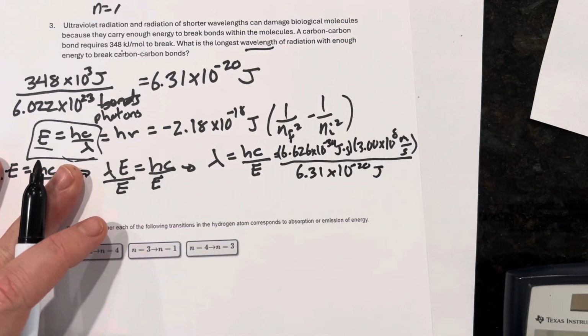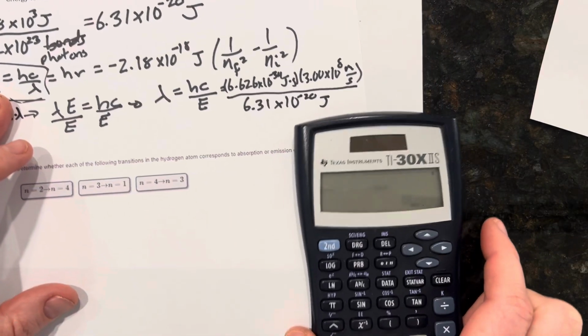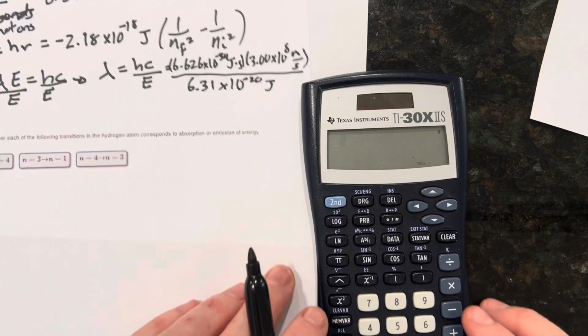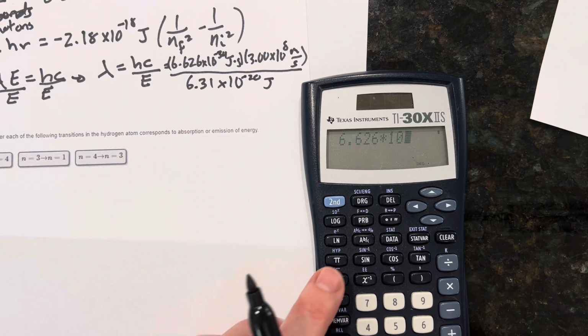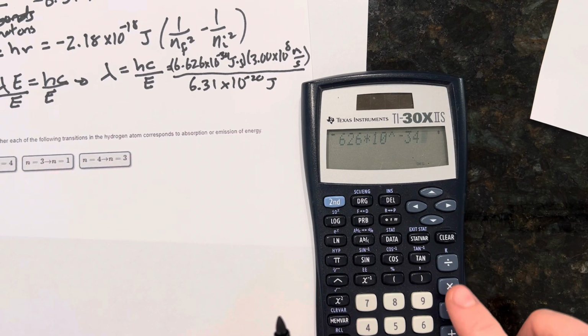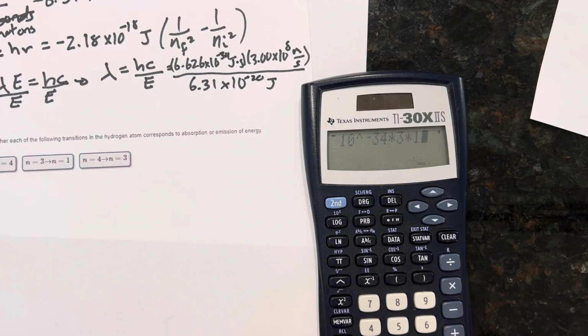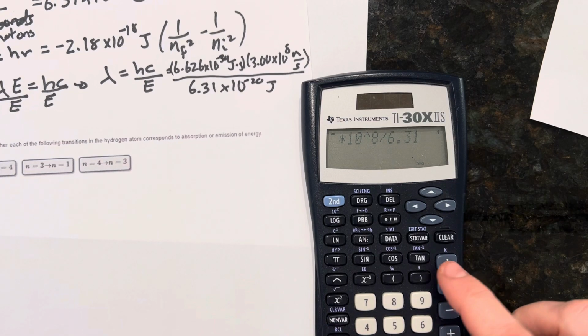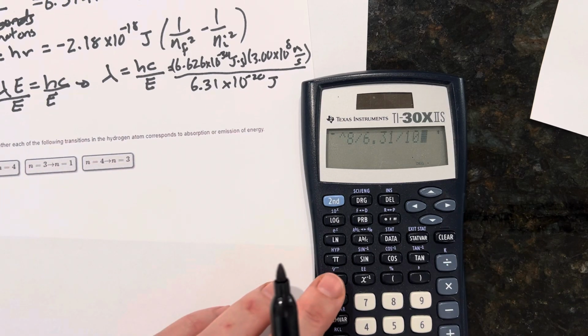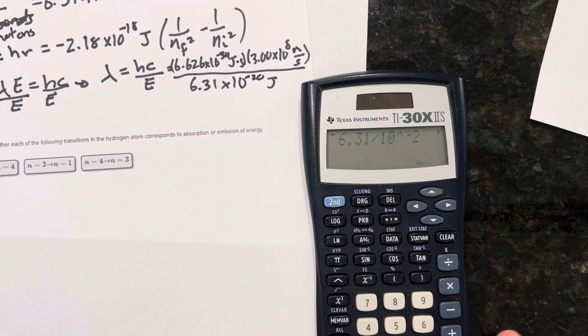All right, let's solve for it, shall we? Keep it up here so you can see it. 6.626 times 10 to the negative 34 times 3 times 10 to the 8, all divided by 6.31 times 10 to the negative 20.